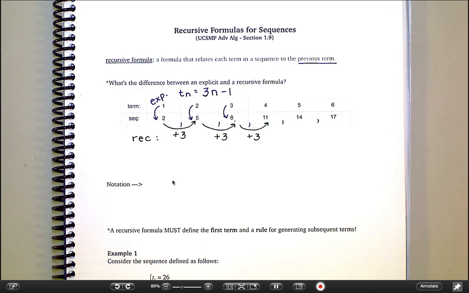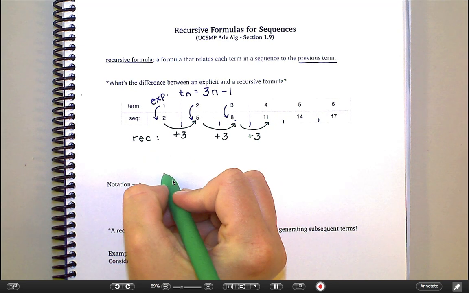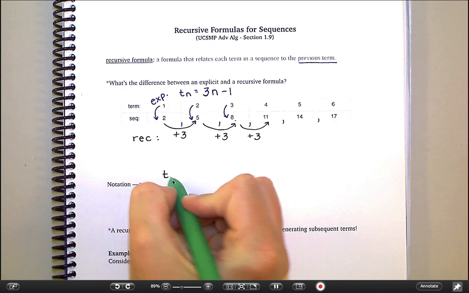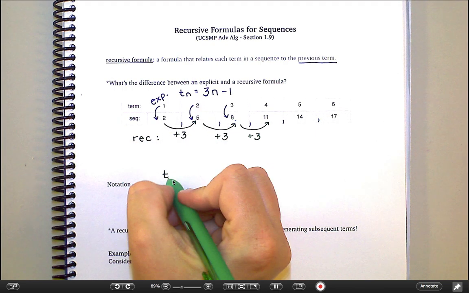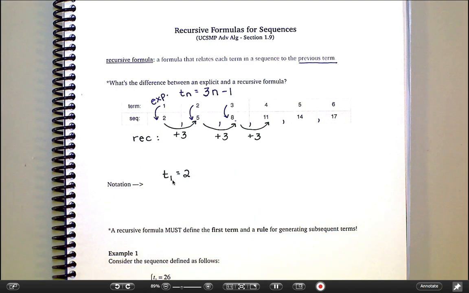Okay? So let's talk notation here. Because I think that with recursive formulas, people tend to get bogged down just in the notation. With a recursive formula, you always have to do 2 things. You have to identify the first term. So I'm just going to do this one up here. I would say term 1 is 2. Okay? Because if you're all about jumping from one term to the next, you have to know where to start.